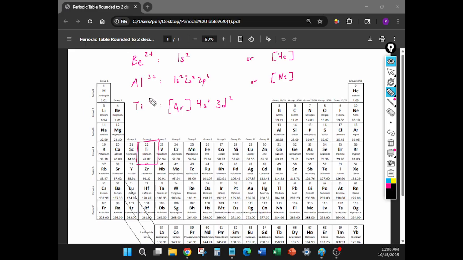But it is +1, so that means you're going to lose 1 electron from the highest energy level. But we said that we remove from 4s before we remove from 3d, so it's going to be 4s1, 3d2. Okay, and that's the trick, and that's what's going to be on your exam. Just remember, take away from s before you take away from d.